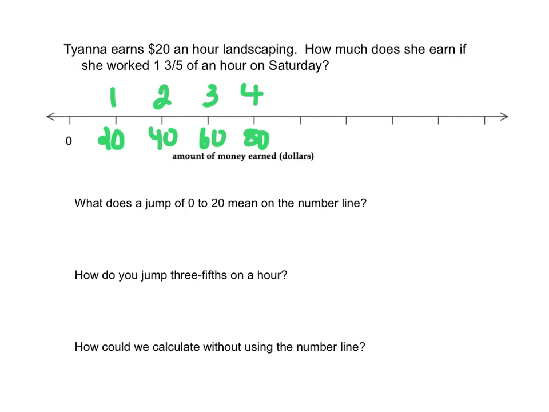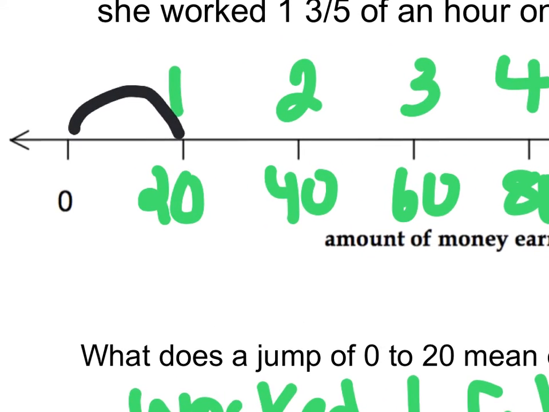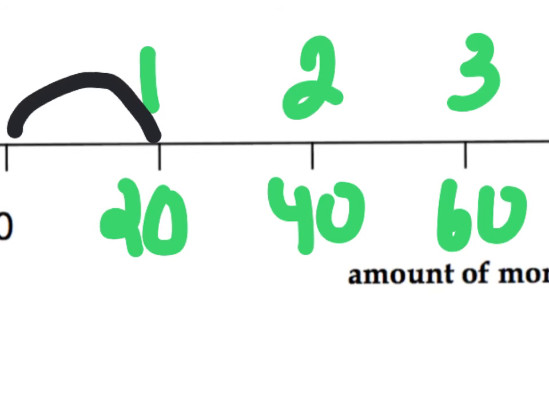So if we look at a jump from 0 to 20, what that means is that she worked 1 full hour, right? So we can make that jump from 0 to 20. And then if we're looking at how do we jump 3/5 of an hour, we have to take that hour in between 1 and 2 and actually split it into our 5 parts.